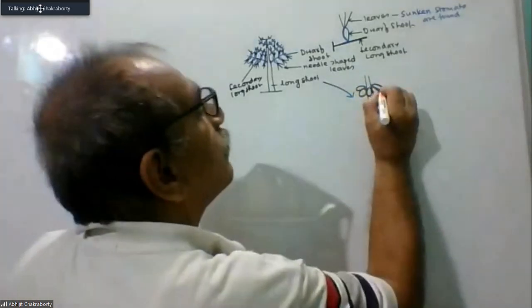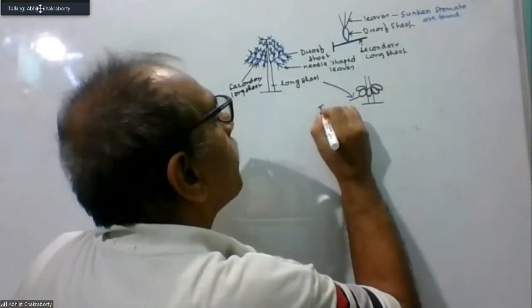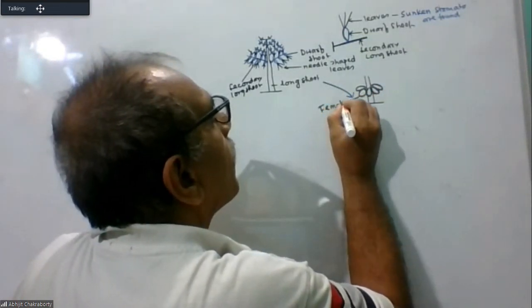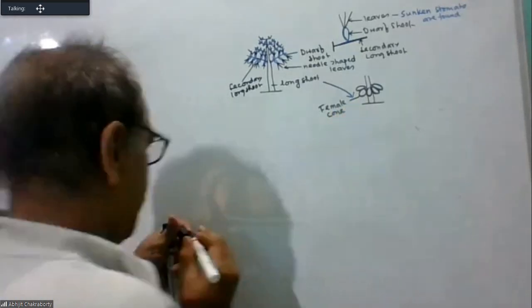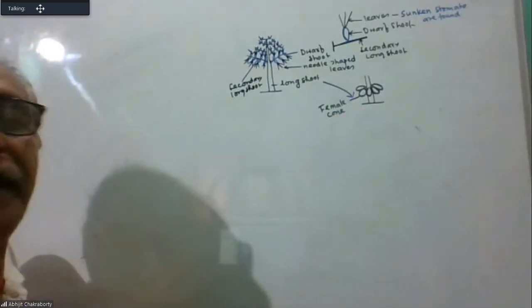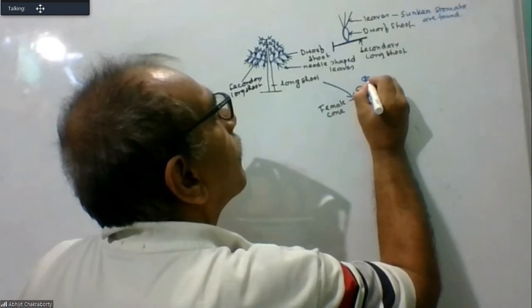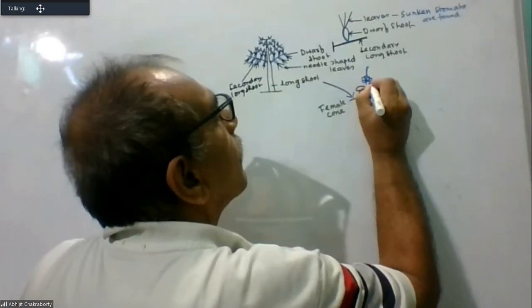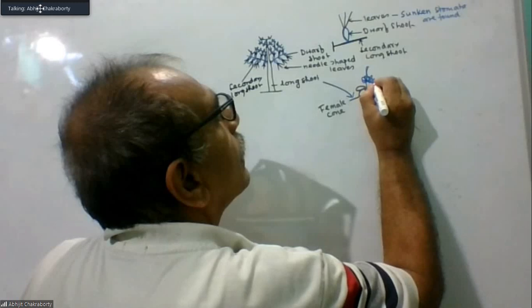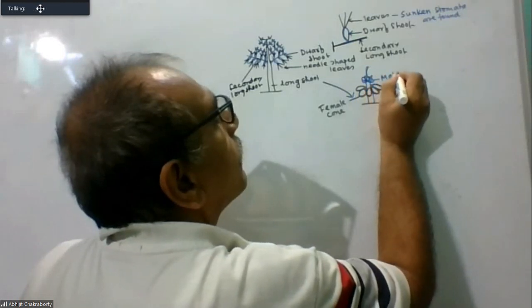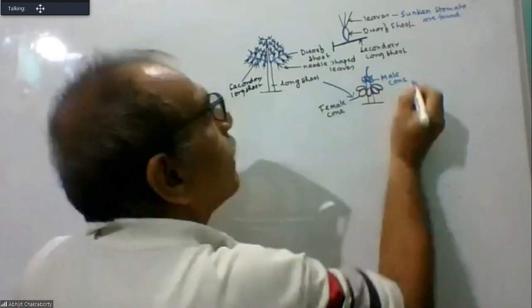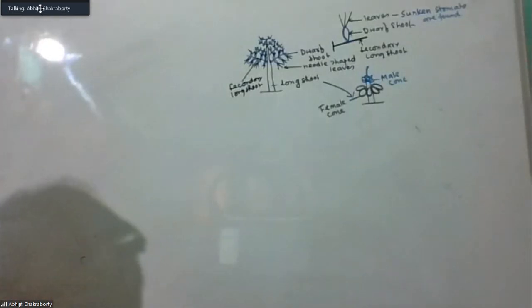These are the female cone. And they are the male cone. Found present in the same plant.